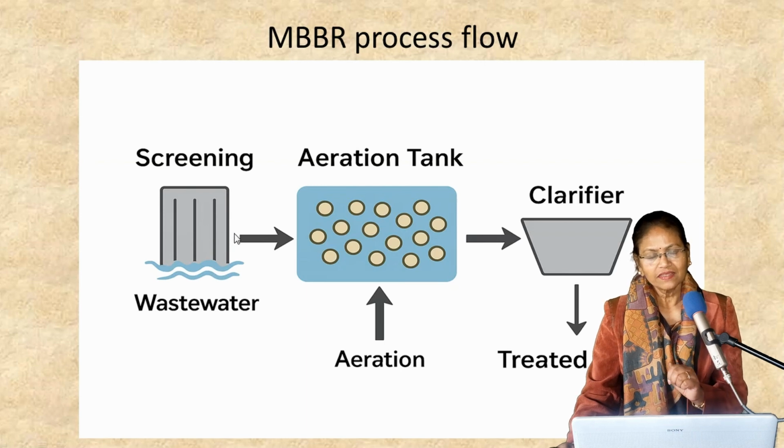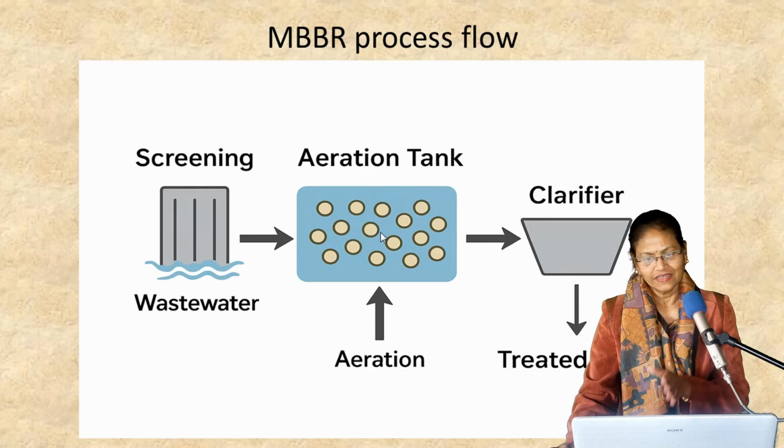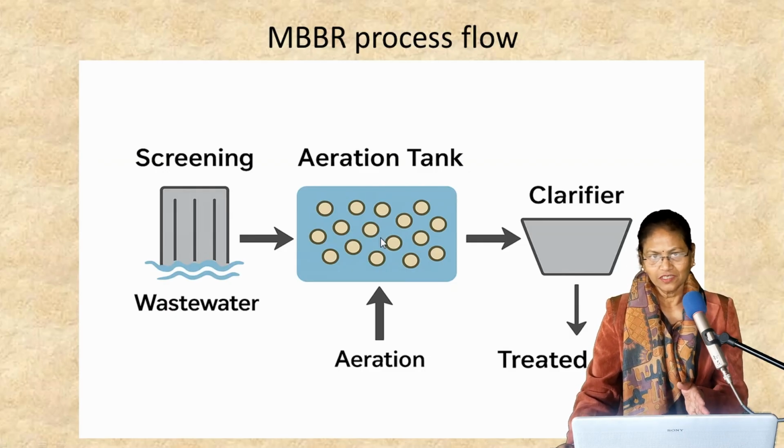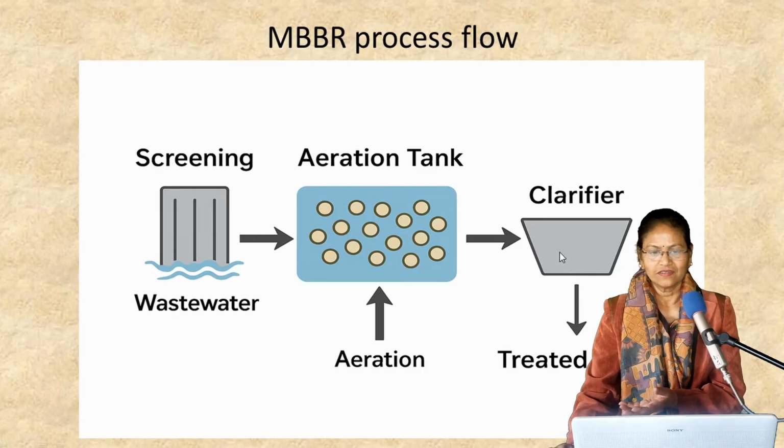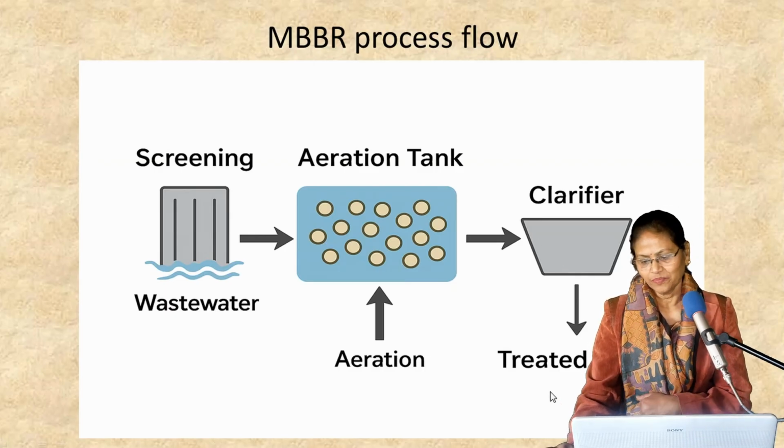In the aeration tank there are several carriers on which the biofilm is there, and aeration is given to the tank, and the carriers are moving, and biofilms are consuming all the organic matter. They are degrading it, and then it is going to the secondary clarifier. The separation of the sludge is taking place here, and the treated water can be collected. So this is the whole process of MBBR.